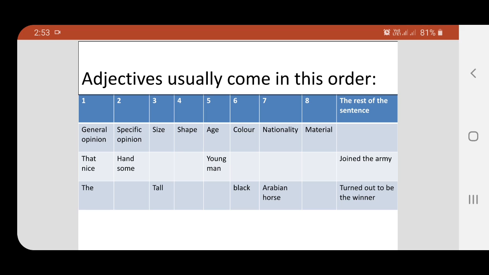So if you follow the order, namely general opinion, specific opinion, size, shape, age, color, nationality, material, etc., then you construct a meaningful sentence in English. The sentence will be a meaningful one. Your communication is very good, I can say.